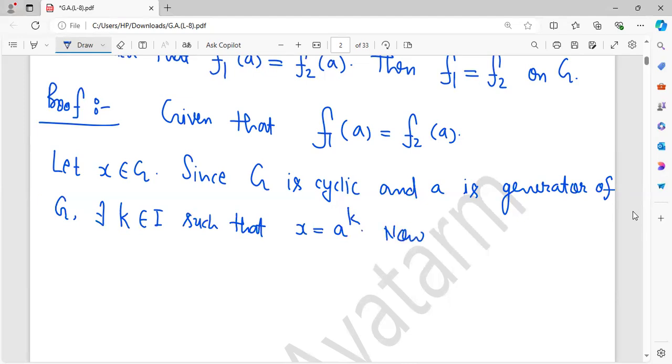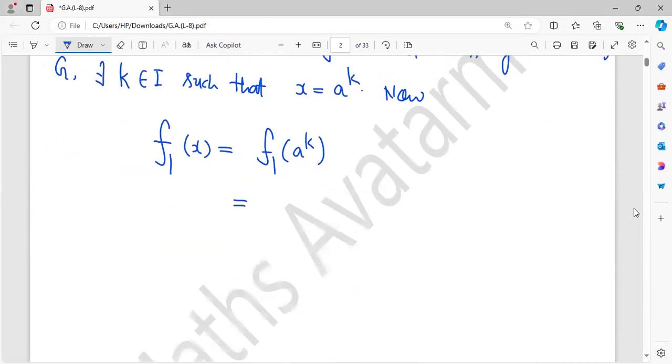Now, what is F1x? F1x is F1 of A to the power k. But F1 is a homomorphism, because an automorphism is always a homomorphism, so I can write it as F1 A to the power k.